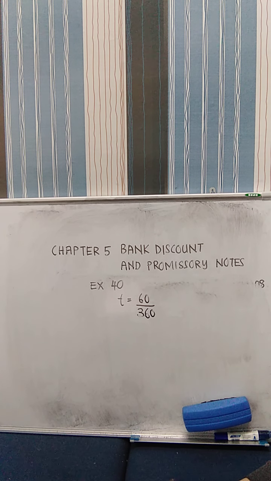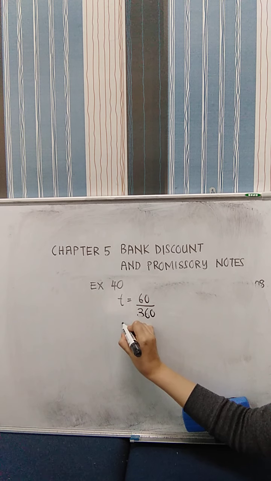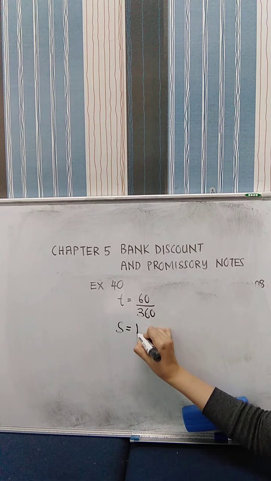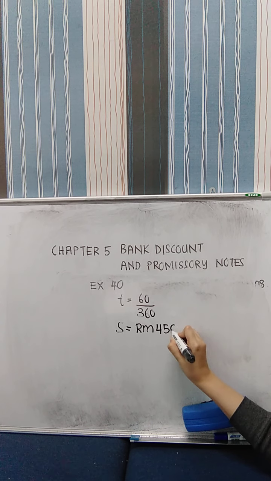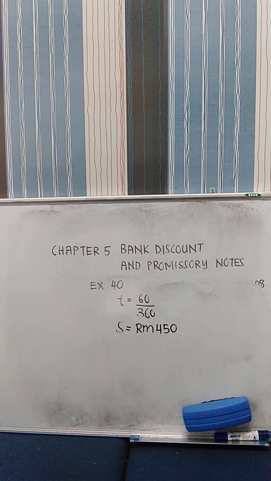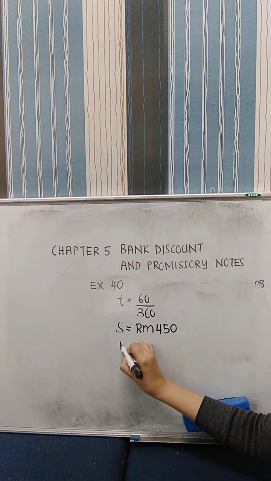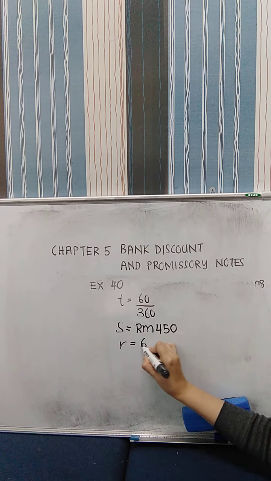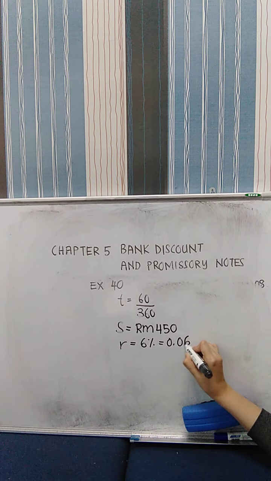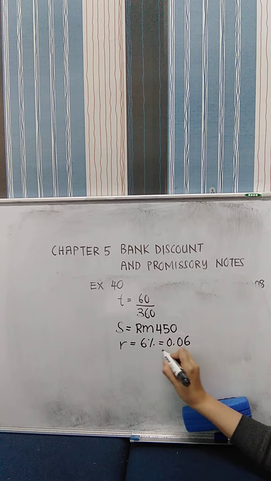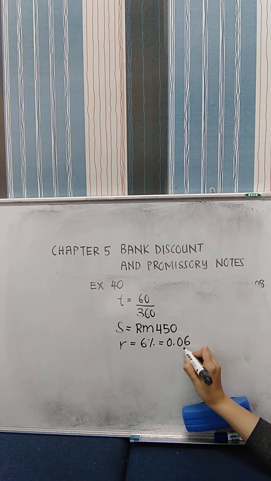The maturity value is RM450; this is the value of S. If the interest rate is 6% per annum, the interest rate means the R. 6% is 0.06, 6 divided by 100.